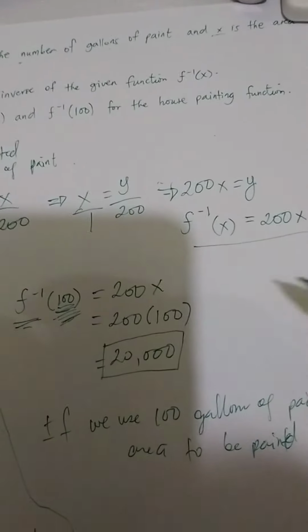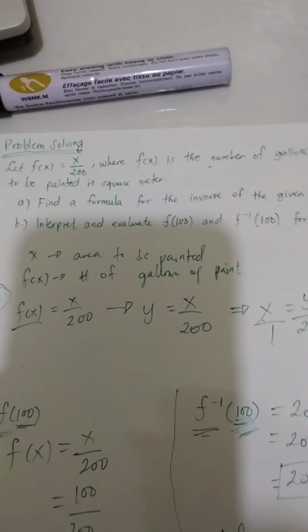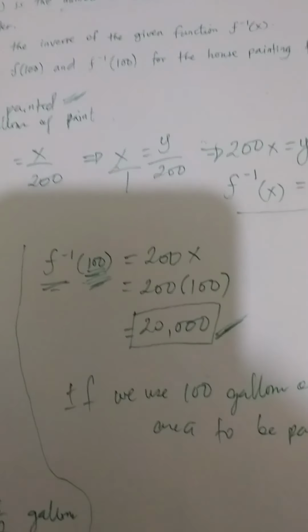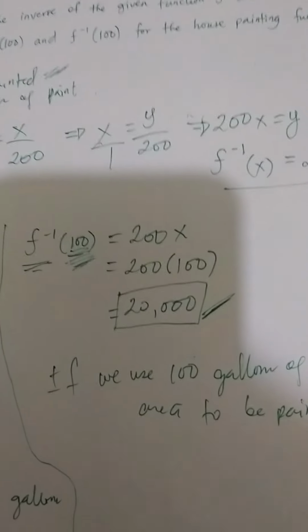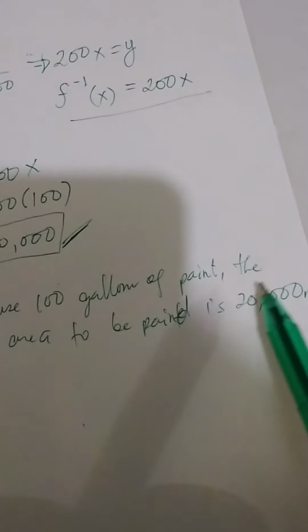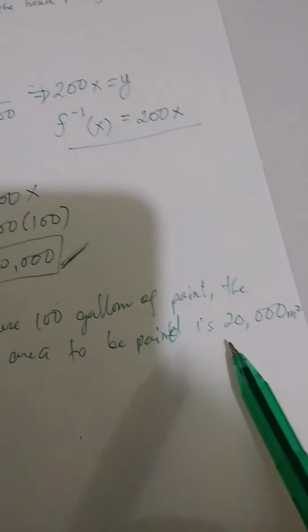Since this 20,000 is the output, here that is the input, the area to be painted. Again, for letter B, f raised to negative 1 of 100, if we use 100 gallons of paint, the area to be painted is 20,000 square meters.